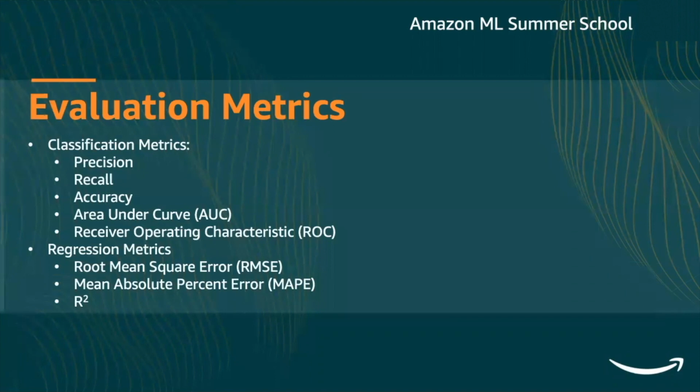So let's begin with evaluation metrics. Now, evaluation metrics explain the performance of a model. Evaluating a model is a core part of building an effective machine learning model pipeline.